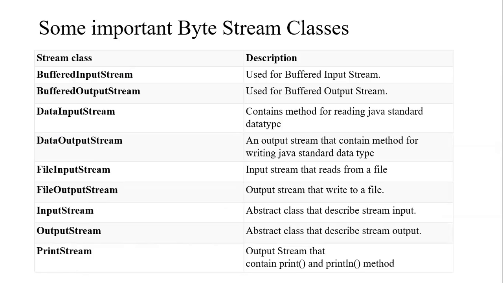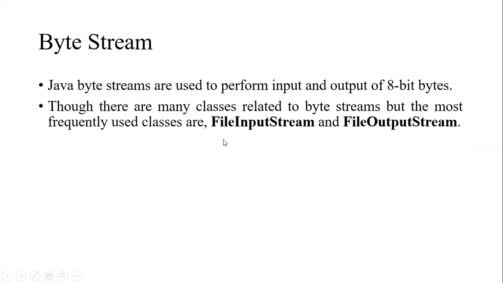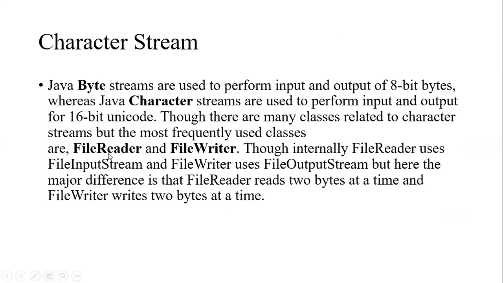Similarly, you will have the same with respect to a character stream. Here we were using a file input stream and a file output stream. If you are going with respect to characters, you will be using something called a file reader and a file writer. The intention is the same: to point to your input file and output file.